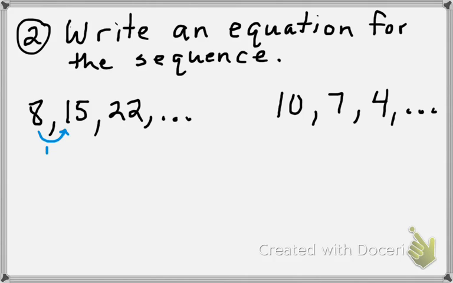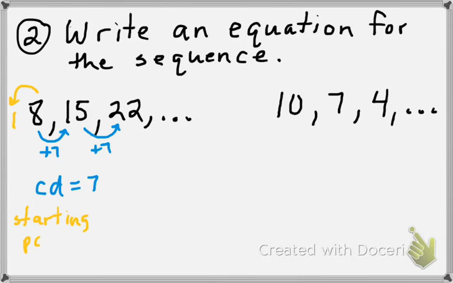Okay, here's 2 examples. I'm still doing the same thing. I'm going to find the common difference, and then I'm going to find the starting point. Remember we did that earlier? So I look back from that first number and see where did it come from.